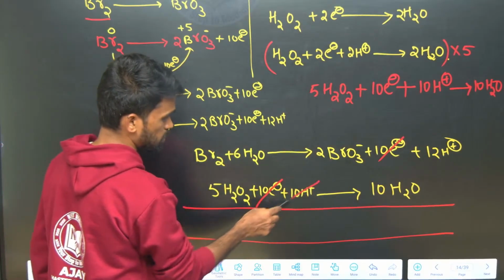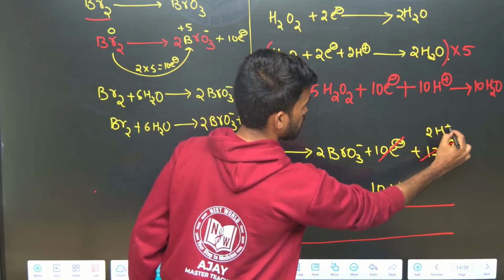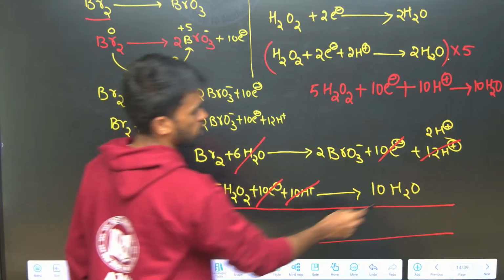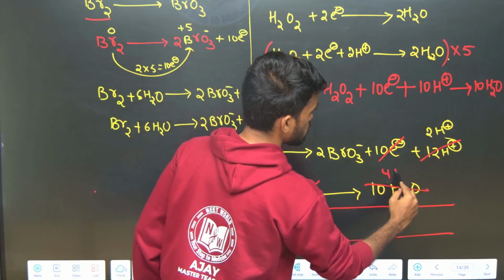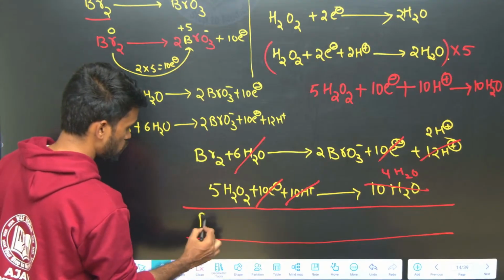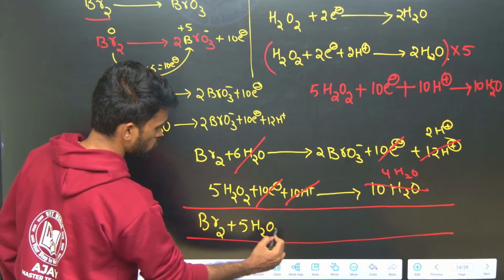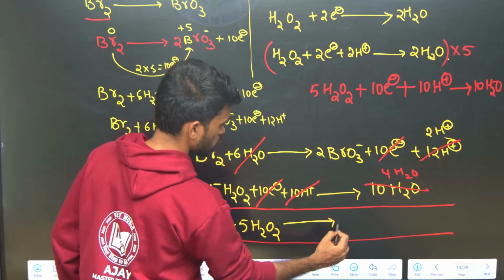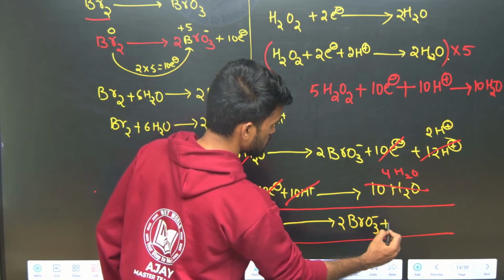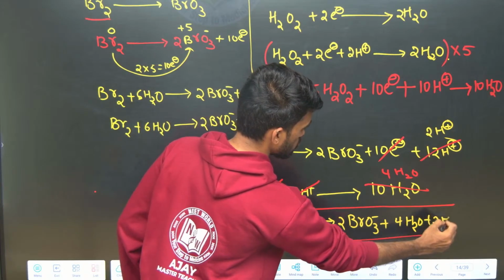Reactants have 10 H plus ions, products have 12, so 2 more remain. Reactants have 6 water molecules, products have 10, so 4 H2O remain. So what is the net reaction we have now? Br2 plus 5 H2O2 gives 2 BrO3 minus plus 4 H2O plus 2 H plus ions.